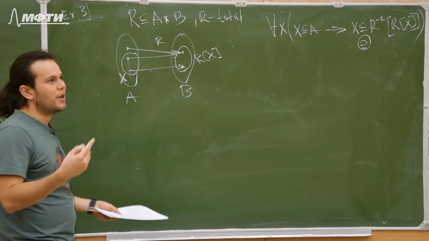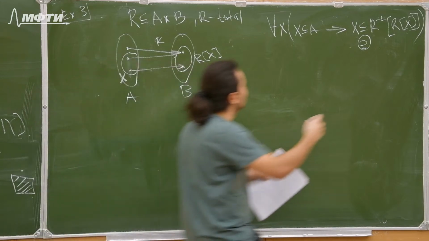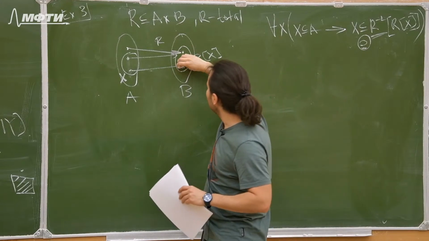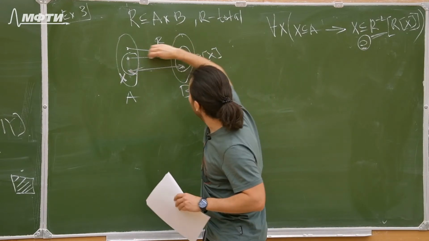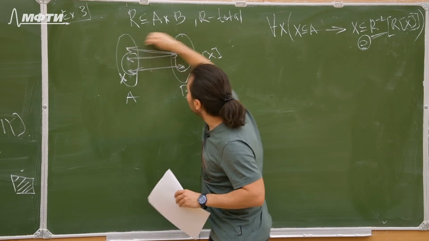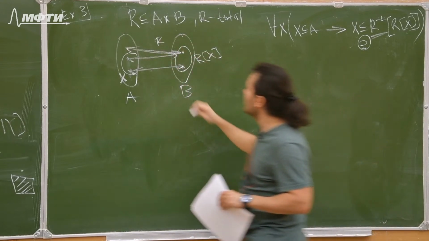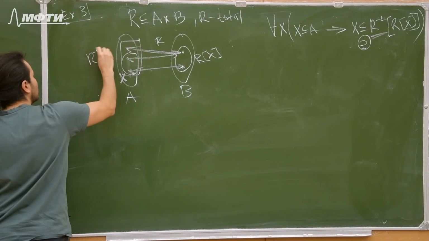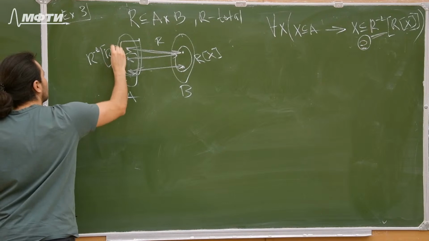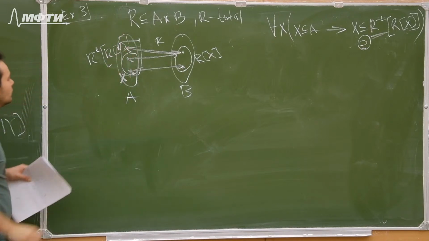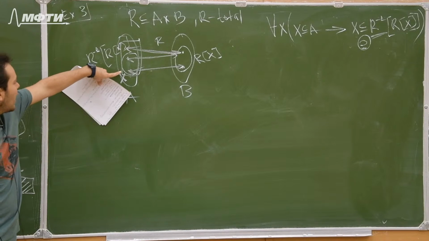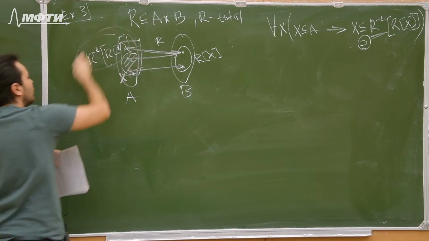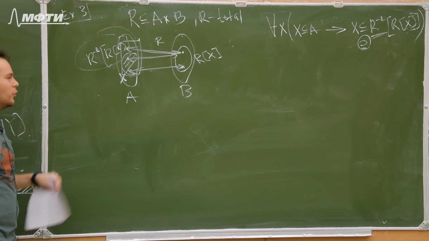So what's the pre-image of the image? So this. If this is R, it means that this is R minus 1, and this thing here. So we obtain that this set is the pre-image of the image. So we see that X is a subset of this set here.